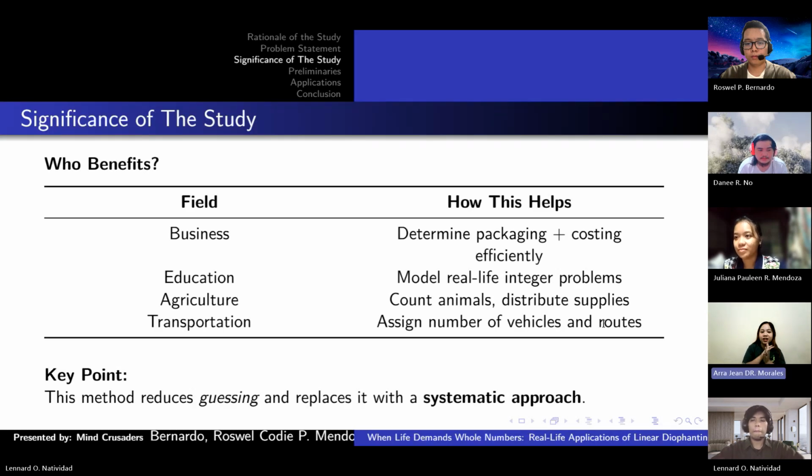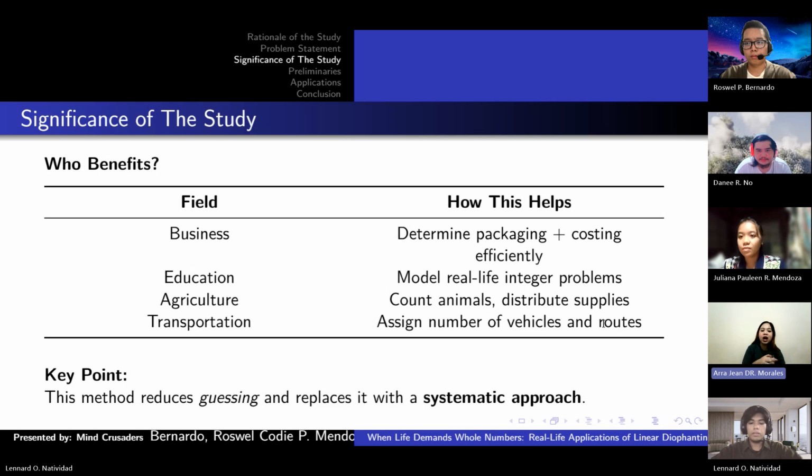So, for the significance of the study, this study is useful in different fields. We have business, education, agriculture, and transportation. For the business field, packaging items and product quantity planning is a great application to consider. For education, it is good in teaching problem solving and logical reasoning.